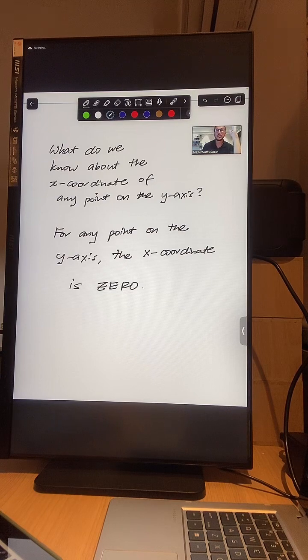There's two axes, dual axis system. Okay, so x and y. So if you understand that any point on the y-axis, the x-coordinate is 0, then it should tell you something about any point on the x-axis. What about the y-coordinate of any point on the x-axis? Okay, but we will go into that later. Okay, let's try and solve this question here.